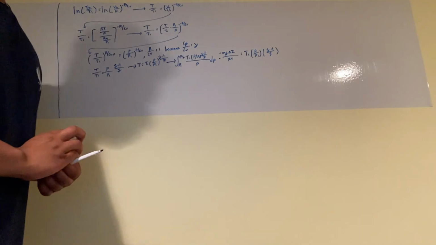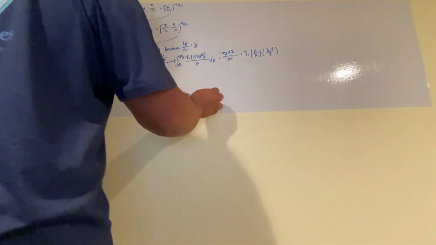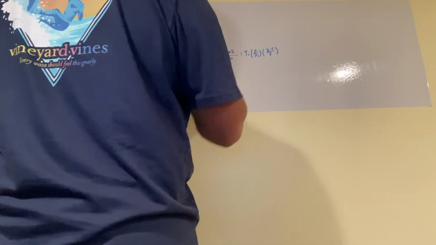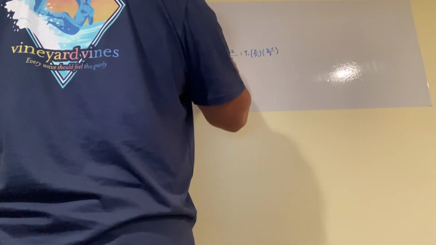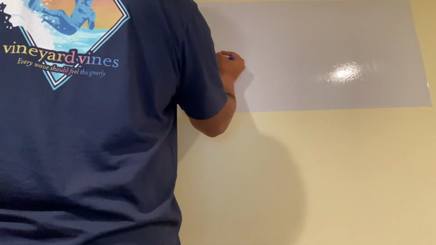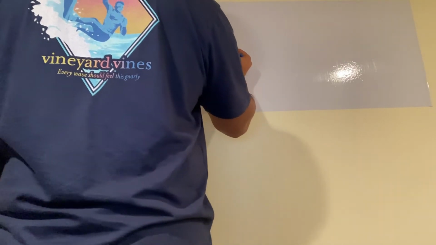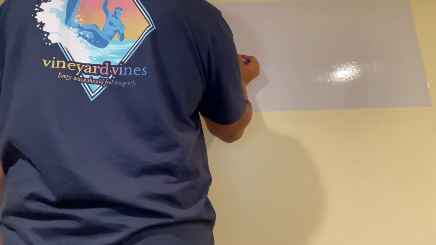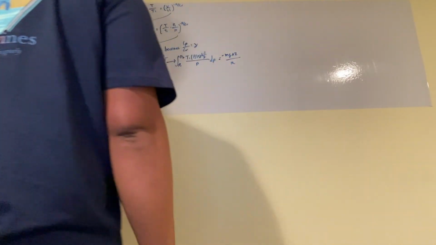Sorry, I think I'm going to correct myself here. dp is equal to negative mg delta z, change in altitude, over r, my mistake.